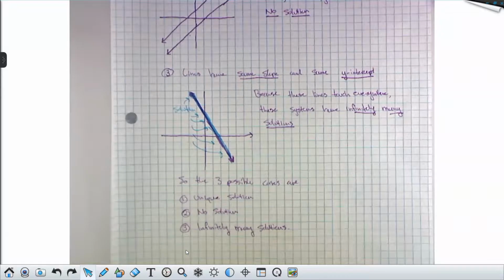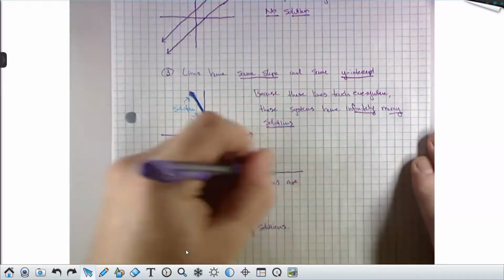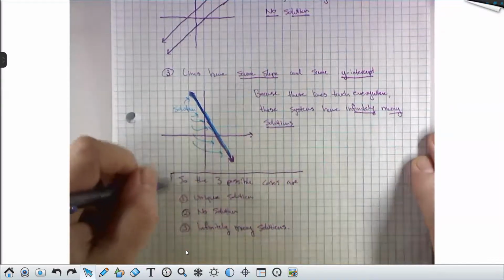Those are the three possibilities. Need to remember this.